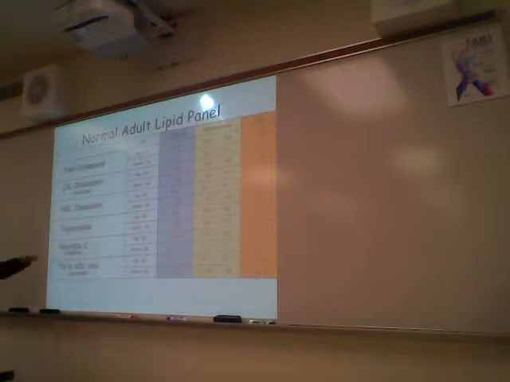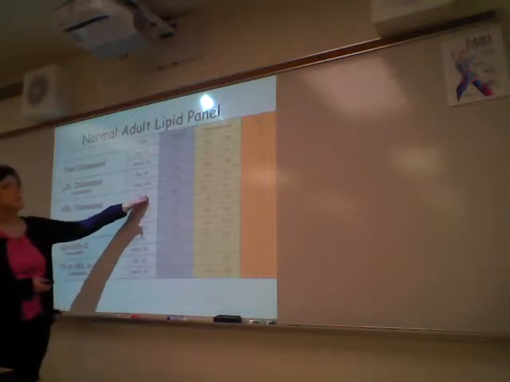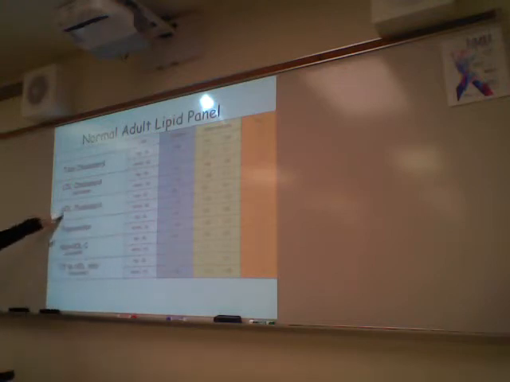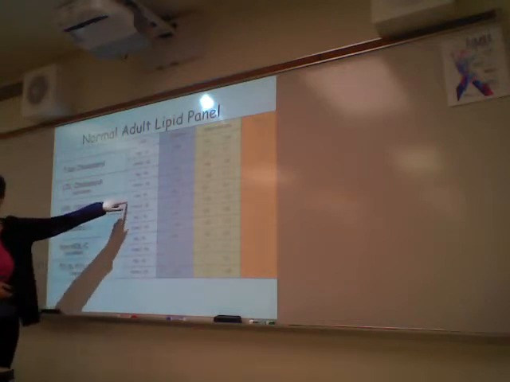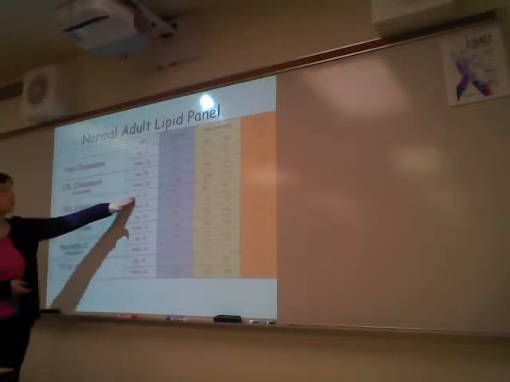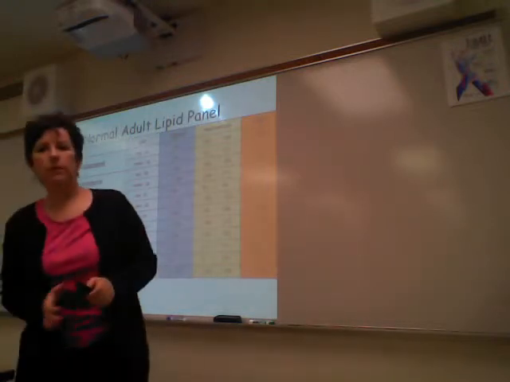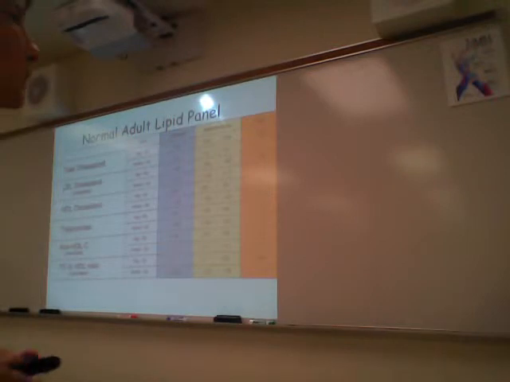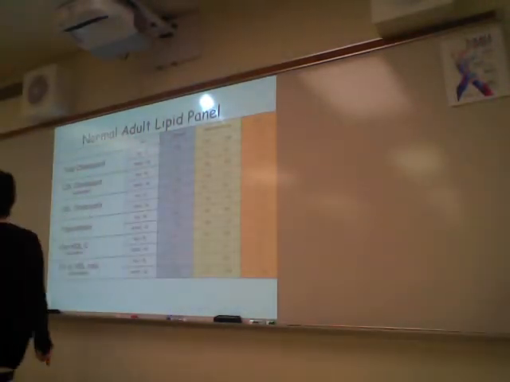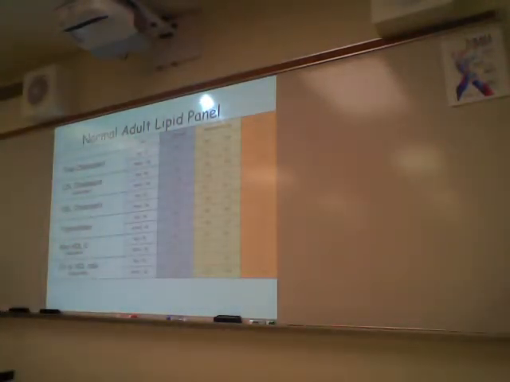So a lot of times people will use the milligrams per deciliter or the millimoles per deciliter, but milligrams per deciliter is the more common version for that. But of course, you have to be careful to make sure you're comparing apples to apples.